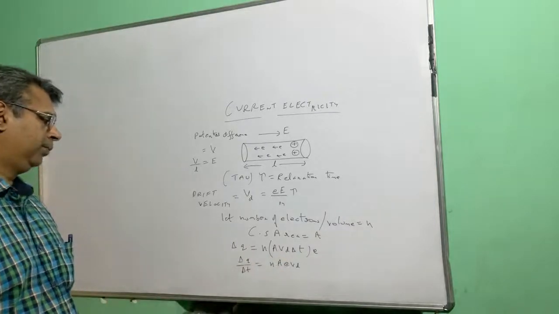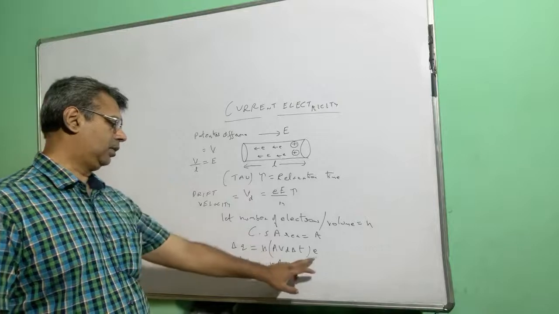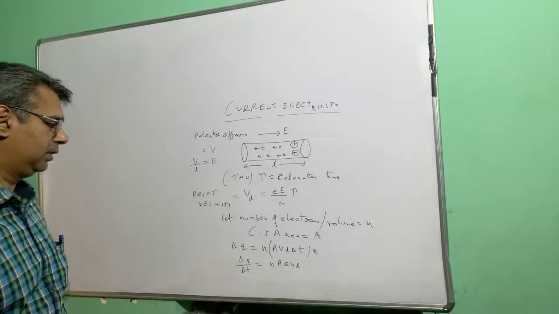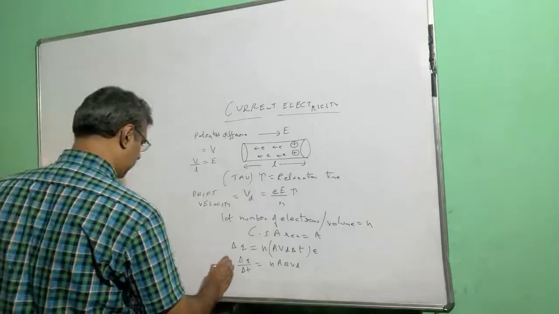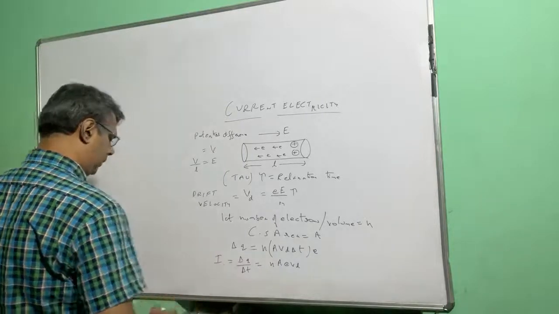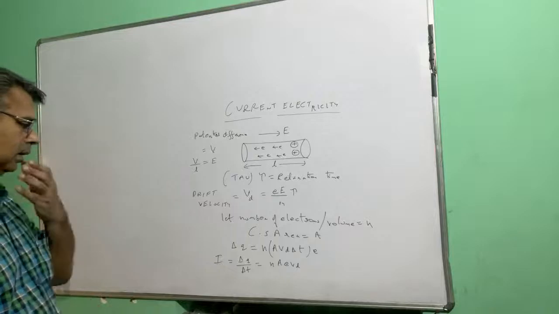Volume into n is the number of electrons into the charge of each electron. So delta q by delta t is n into A into e into Vd. So therefore that is equal to the current.